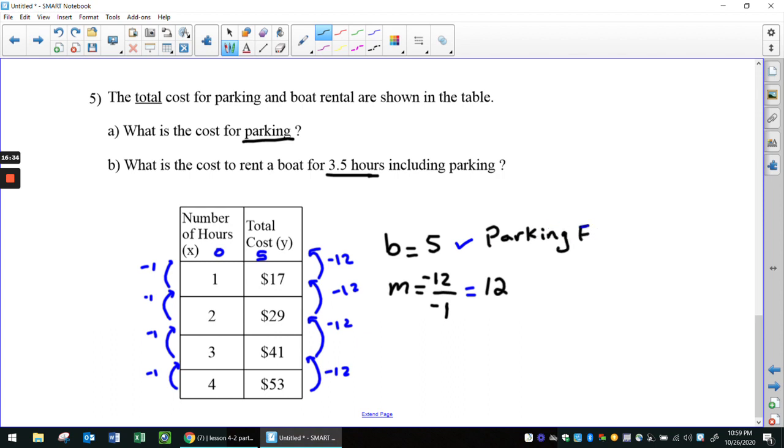When you're looking at a word problem, you need to be able to understand what that initial fee would mean with respect to that problem. So with the parking fee being $5, and that's our initial value, how much would it cost to rent a boat for 3.5 hours? Well, our equation is y equals mx plus b.